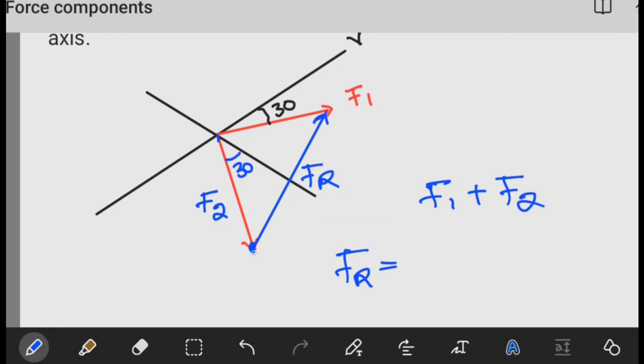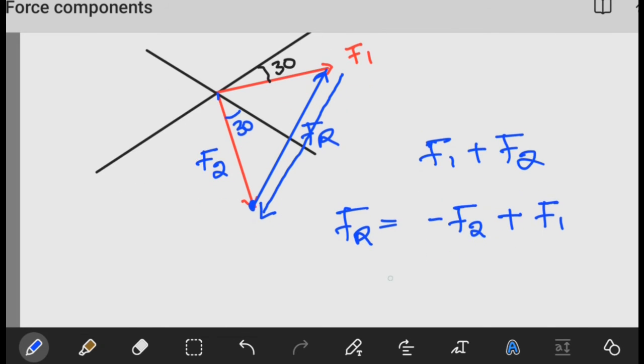Notice that you're starting from here, you're moving against F2, so F2 would be minus, so you'd have negative F2, then plus, the other direction now, you're moving along F1, so this would be plus F1. So this is if you're starting from here going in that direction. But if you put your arrowhead in this direction, then you're starting from here, meaning you're moving against F1, so you have minus F1, and then along F2, so this would be plus F2.